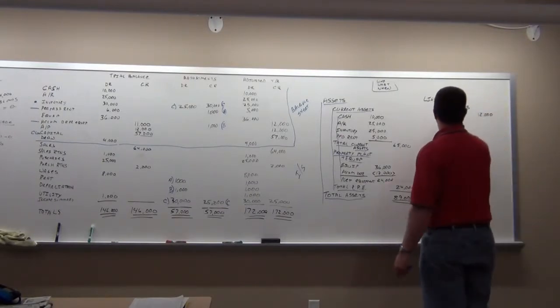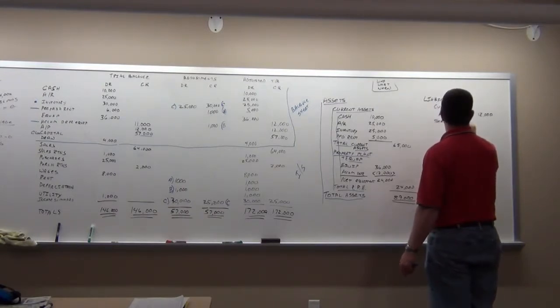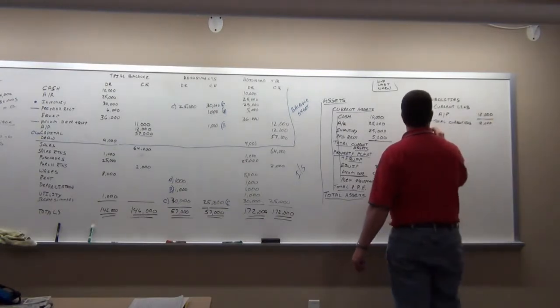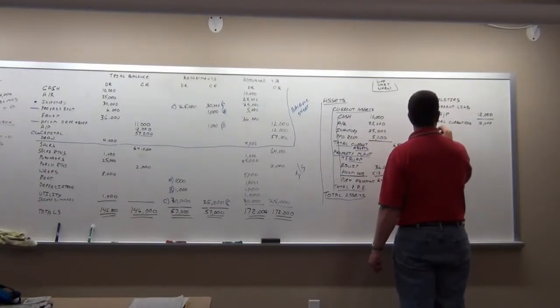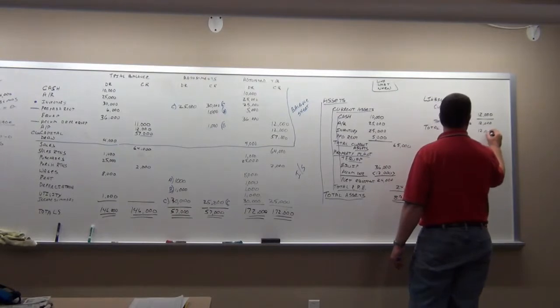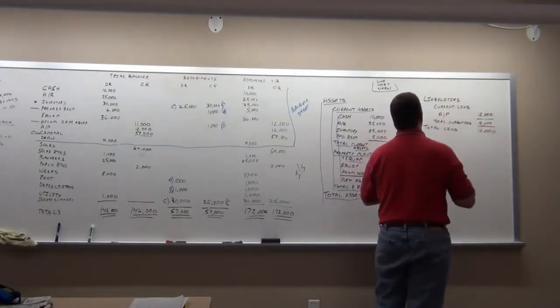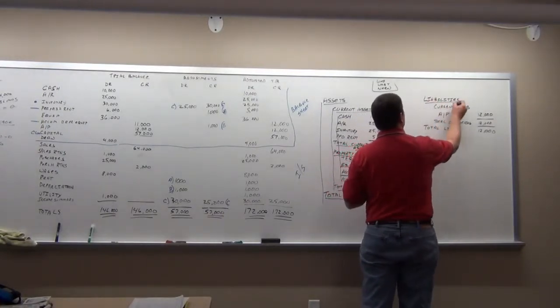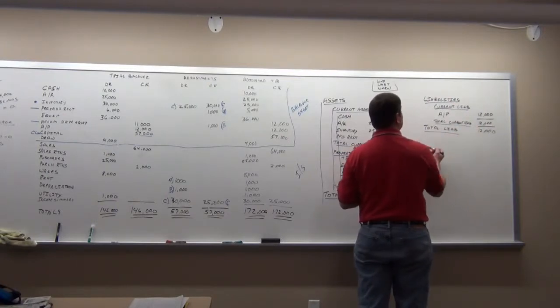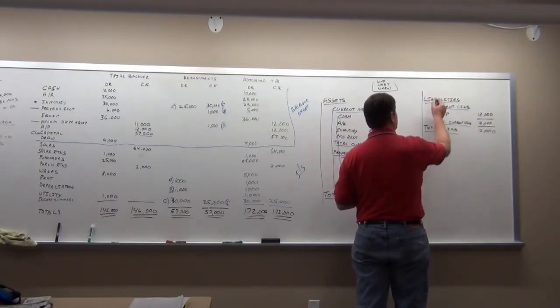So do I have any other liabilities at all? No. So total current liabilities and total liabilities. So again, notice what I've done is I've got my header, section total, total to go with my header.